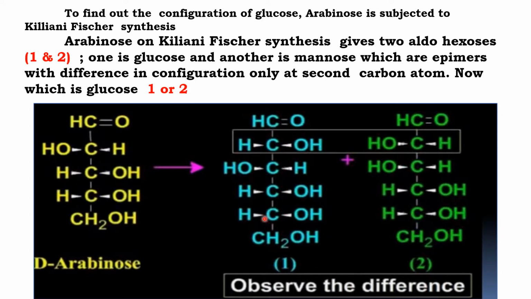If we identify the first one as glucose, then this is the configuration. If the second one is glucose, this is the configuration. That means for structures 1 and 2, the only difference is the configuration of the second carbon atom. So now we have to identify which is glucose, the first one or the second one. Take down.